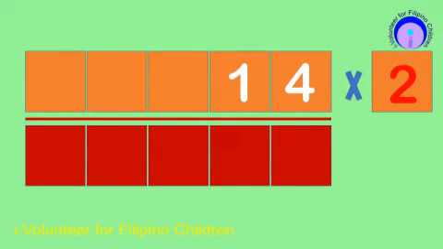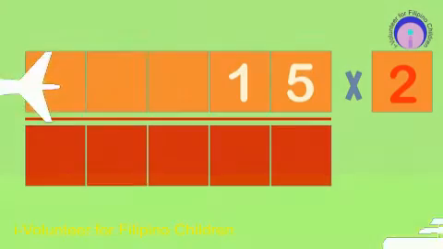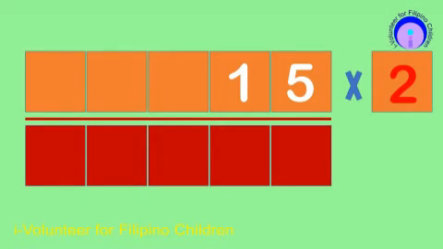Kung ang neighbor mo ay less than 5, no need to worry. Just double the digits. The answer is 28. Take note that 1 has a neighbor of 5. After doubling 1, we have to carry 1 from the ones place. The answer is 30.